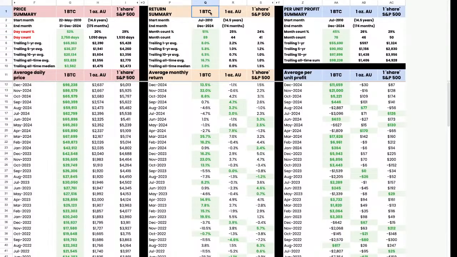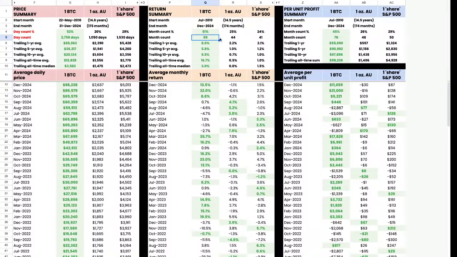We're looking again at one Bitcoin, one ounce of gold, one share of the S&P 500. This is where it starts to get interesting. In this first example, let's count up the green months for Bitcoin, where on average Bitcoin had a green month compared to the prior month: 89 months out of 174 months.